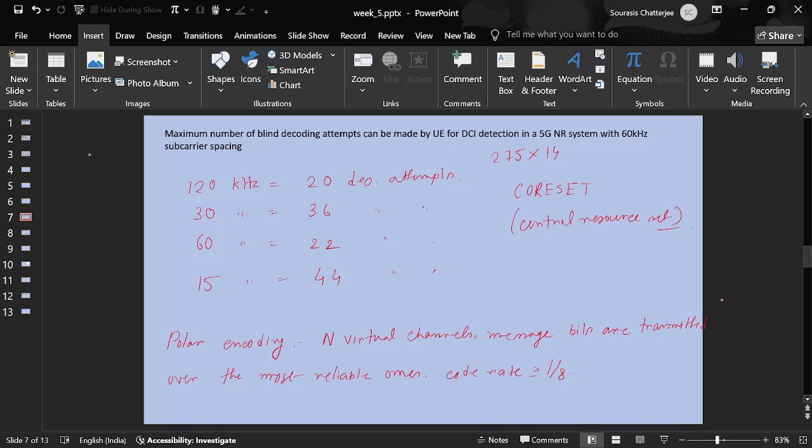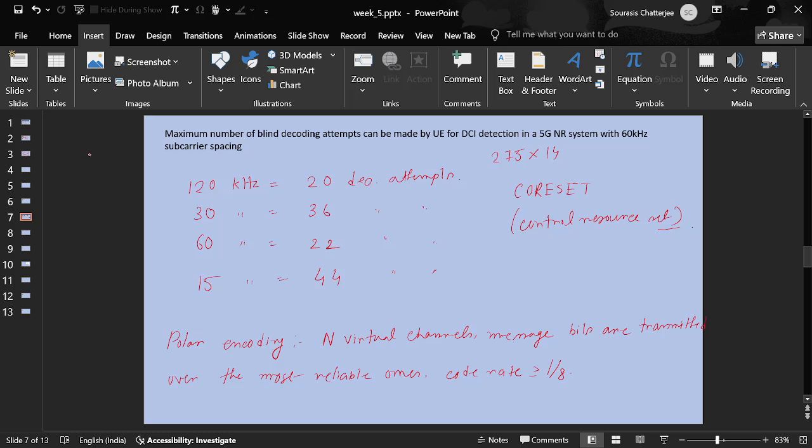Like in the context of PDSCH, is there any mother code rate here, or there is no concept of mother code rate in the case of polar encoding? There is a rate matching block afterwards, no doubt.